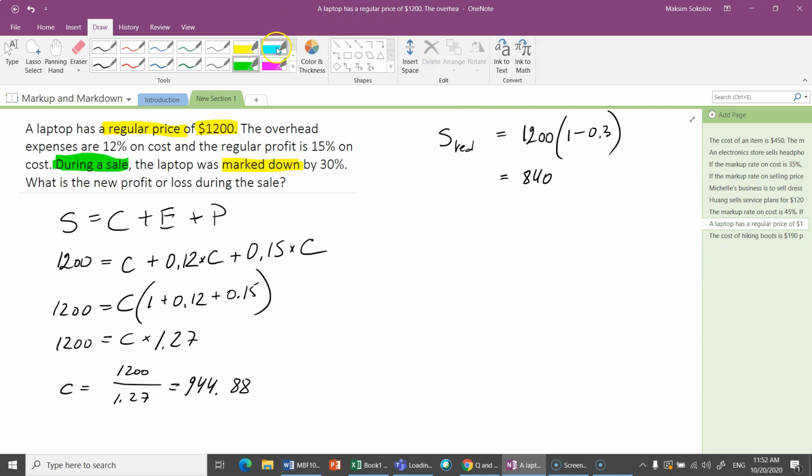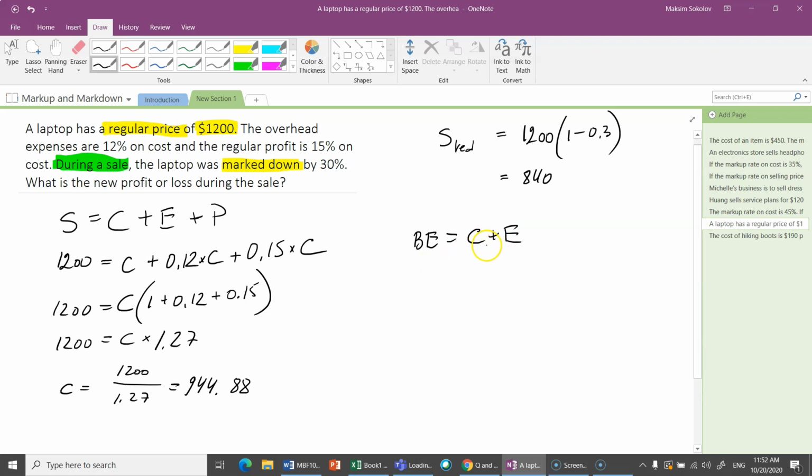Now, we need to find the new profit and loss, which means that we also need to find break-even price, and then we will compare reduced selling price with the break-even price. This way we'll find out what is going on with profit and loss. Now, break-even price, as we did several times before, is cost plus expense.